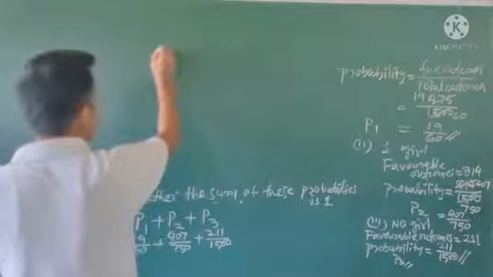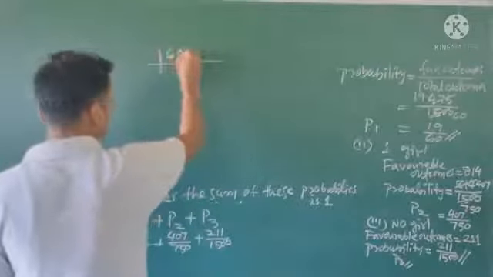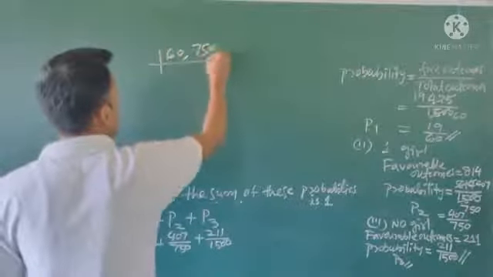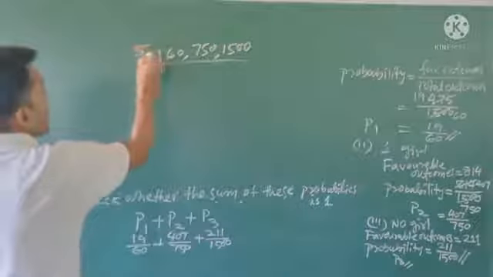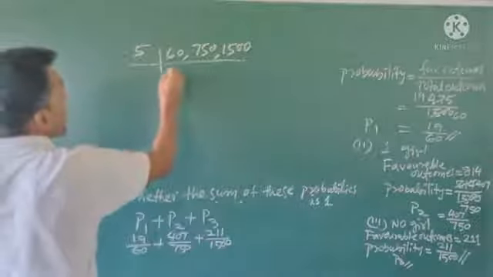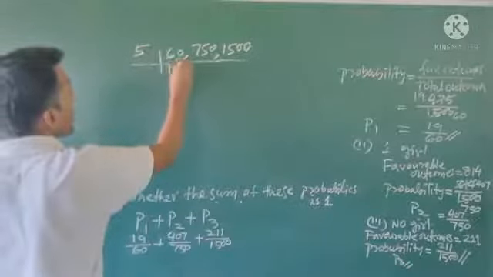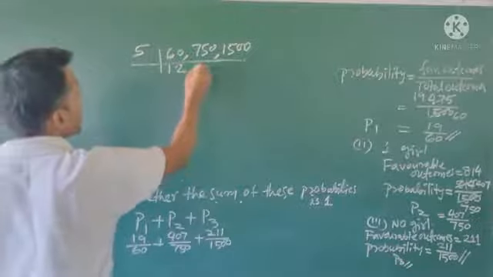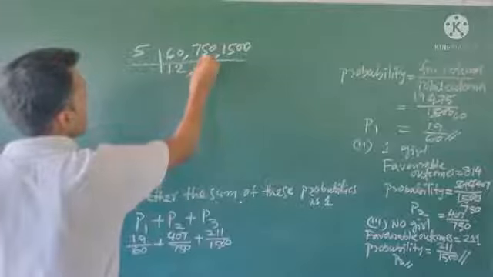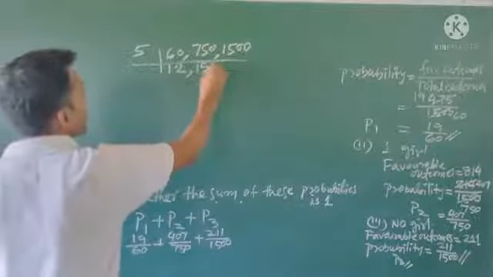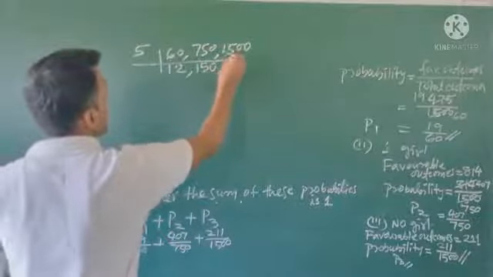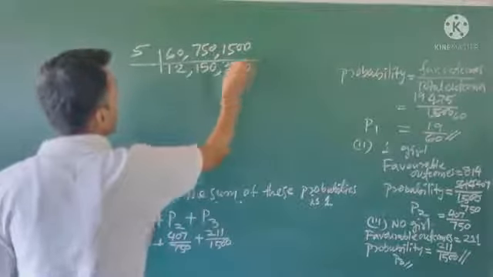So LCM of 60, 750, 1500. We directly divide by 5 to get it easily. 5 1 is 5, 5 2 is 10, 5 1 is 5, then 7 minus 5 is 2, 25, 5; 5 25, 5 0 0, 5 3 is 15, 5 0 0, 5 0 0.